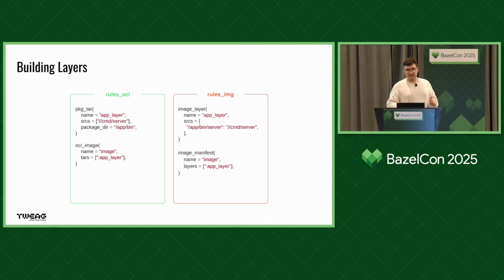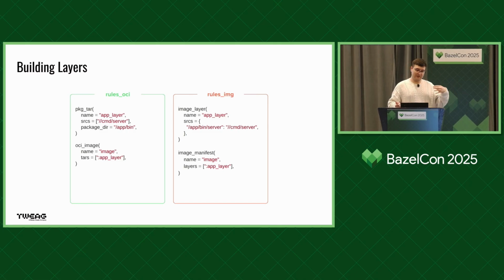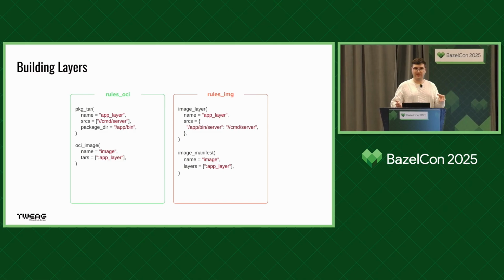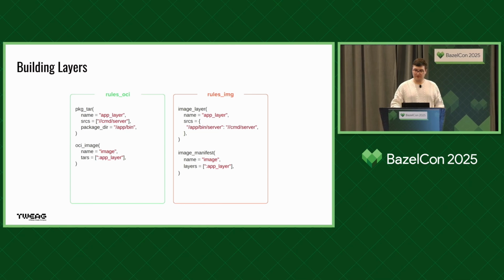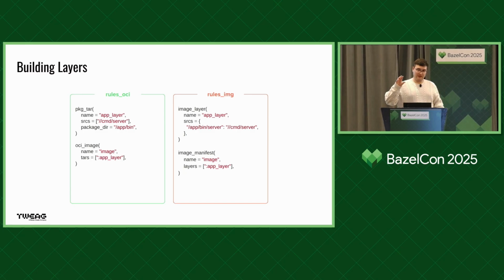So the first thing, we see all the files that go into a layer, so we can deduplicate them. So if we see the same file twice, we just store it once, and we create a hard link for the second time. That means the image is smaller. The second thing we can do is we can use something called eStargz, which is a custom compression format that uses compression and a custom index into the compression so you can seek around in the image.